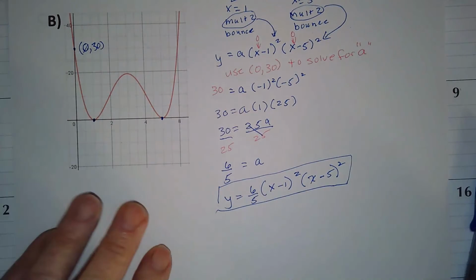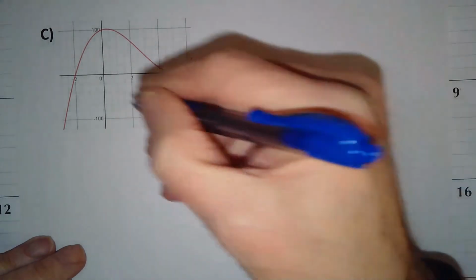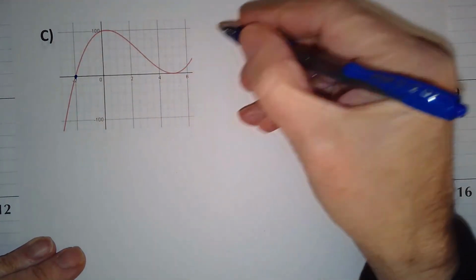All right. So let's go to the next one. We're going to go a little faster now. And I'm not going to work with a graphing calculator anymore. So looking at this one, we've got a point here at -2.